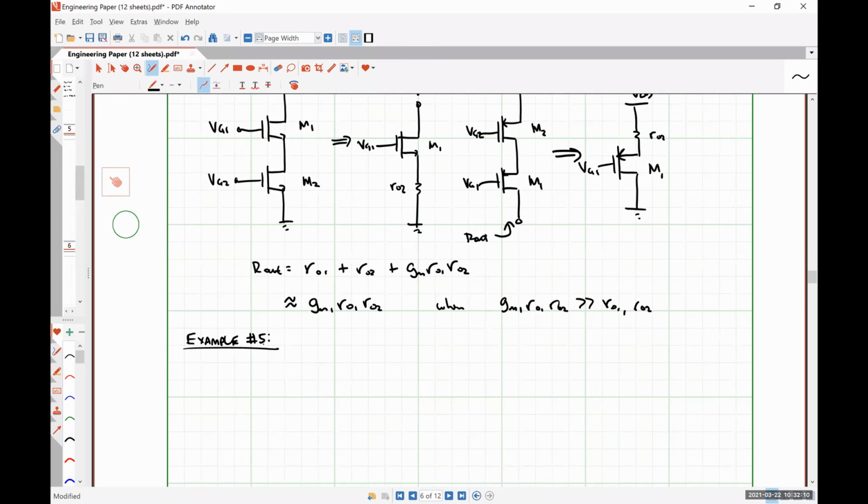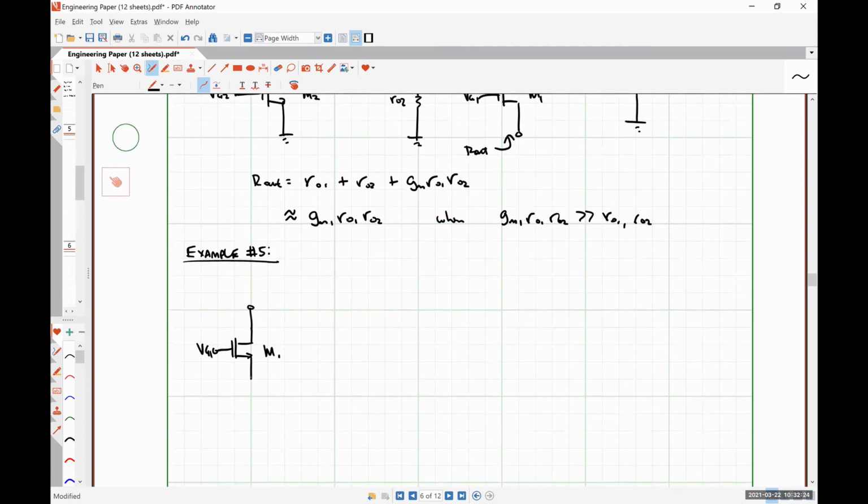Let's say that we have an NMOS current source, transistor M1. And we have it biased in such a way that we have a drain current of 200 microamps.